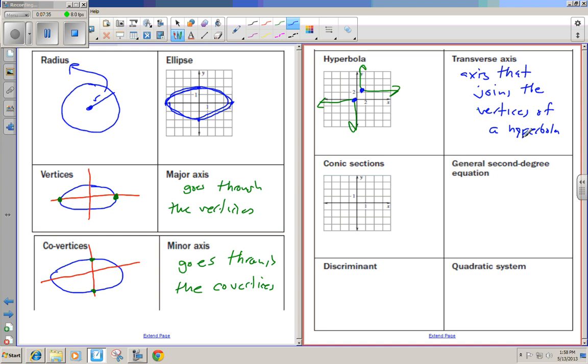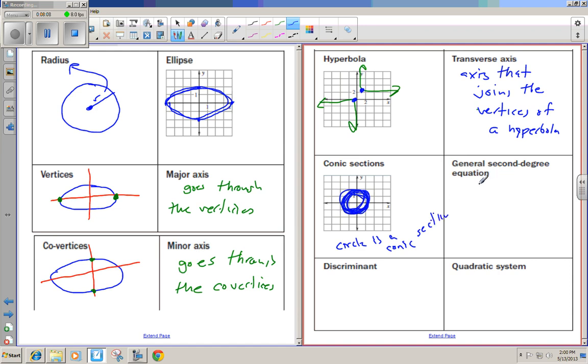All right. So the last four here. For conic section, let's just know that a circle, it's supposed to be a circle, everyone, sorry. There you go. A circle is a conic section. So when it's asking for examples of it, a circle is one.